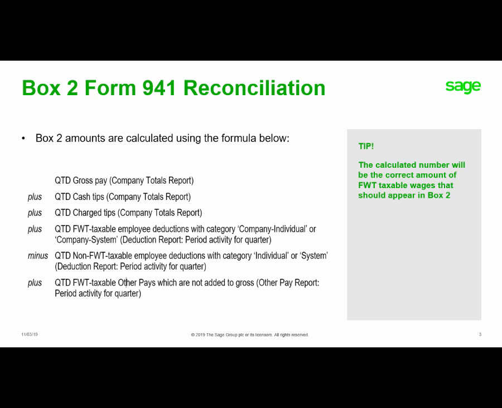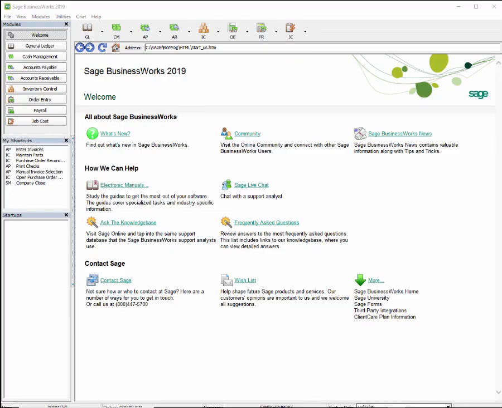That's the reason we created our saved reports and our 2 custom exports. The calculated number is going to be the correct amount that should appear on the FWT taxable wages in box 2 of your 941.